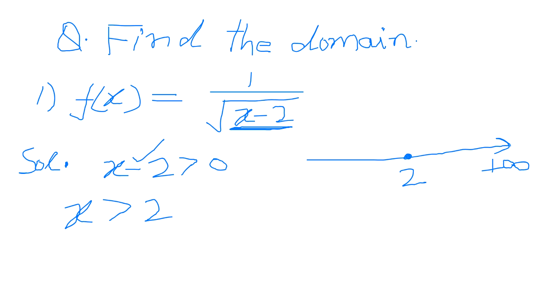And here only greater, so we use this bracket, an open bracket at 2. That means every number greater than 2. 2 itself is not included. So x is 1, sorry, up to positive infinity, this one.